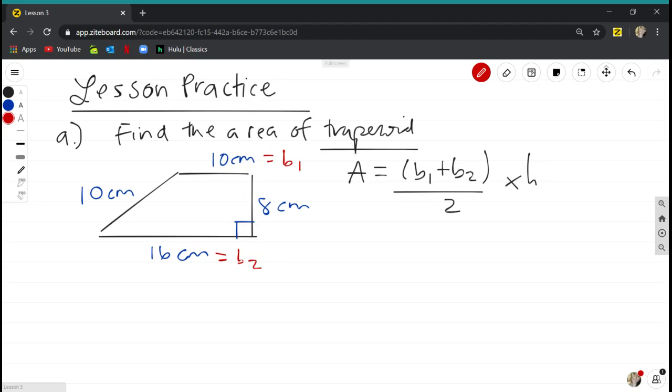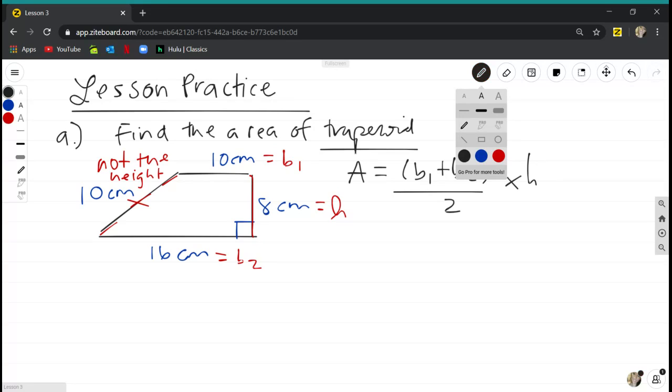And I know what you're thinking, which one is the height? The height is the one that's straight. So this one is not the height. Only this one is. So we don't really need that 10 centimeters right now, unless we're finding the perimeter, but right now we're just finding the area.